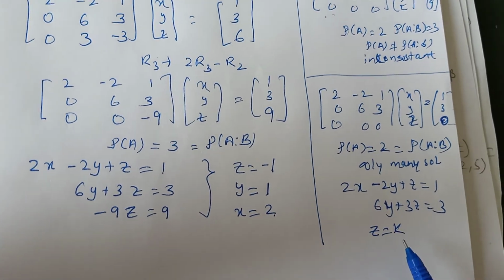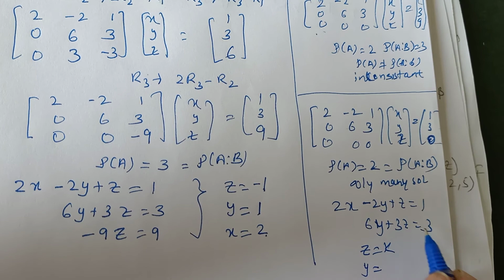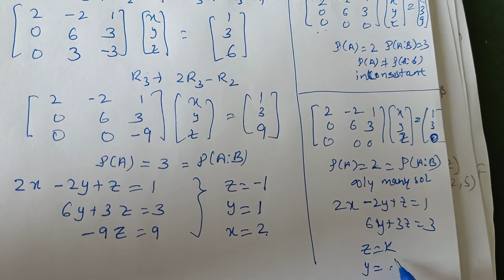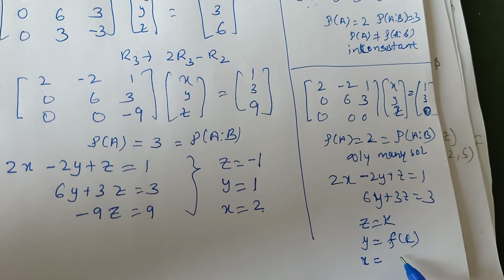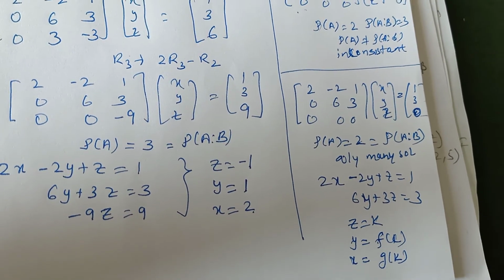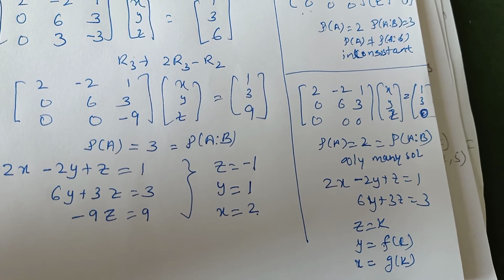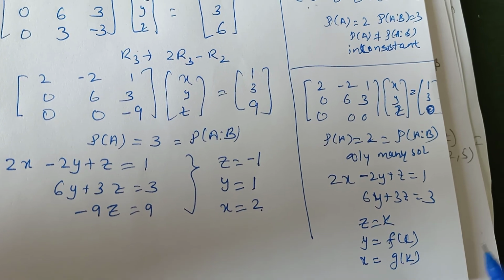When you fix z as k, you will obtain the value of y from here in terms of k. It will be some function of k. Similarly, from here the value of x will again be some function of k. So I am saying these are infinitely many solutions. Do you agree? You can see it by observing like this.